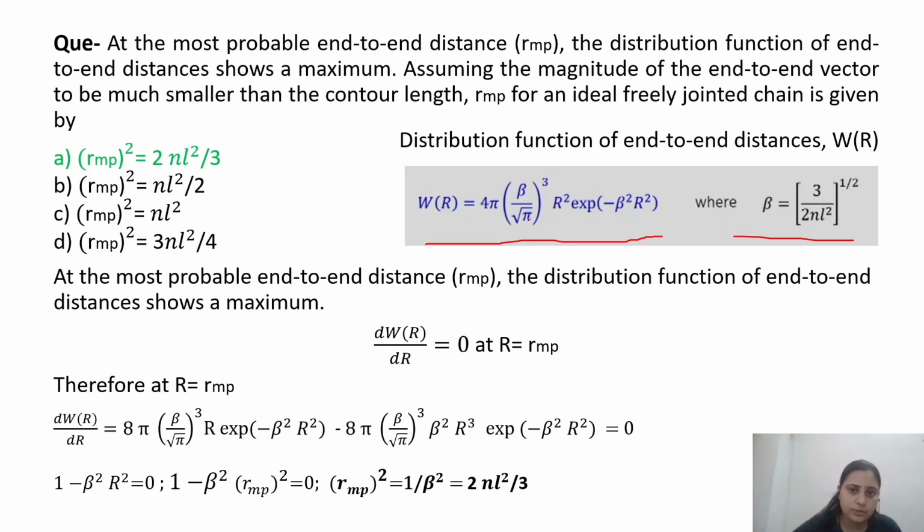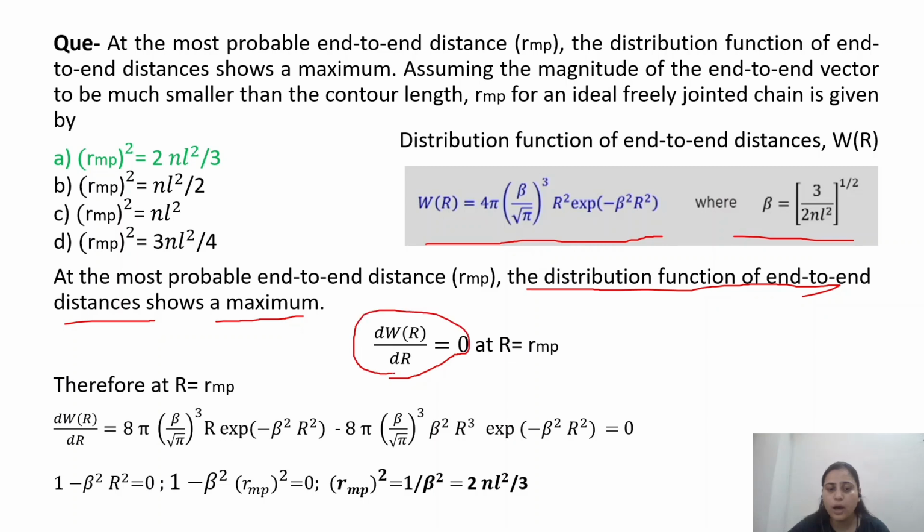The question says the distribution function shows a maximum, which means we need to calculate the first derivative, dW(r) by dr, and put it equal to 0.